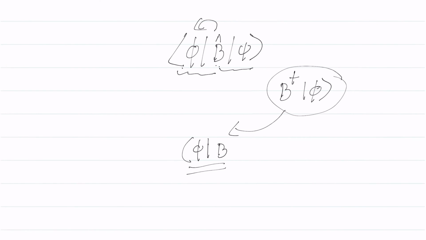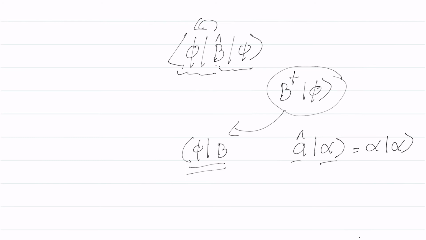Now I will ask you a simple question. Suppose I know the action, so there is some operator A acting on ket alpha, which is equal to alpha ket alpha. I will explain about these things a little later, clearly in detail. Basically the ket alpha is the coherent state and A is the annihilation operator.